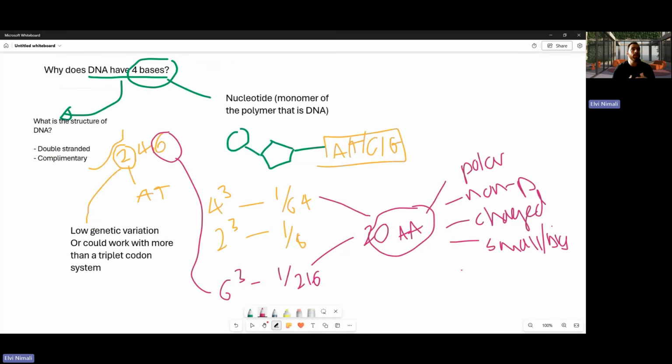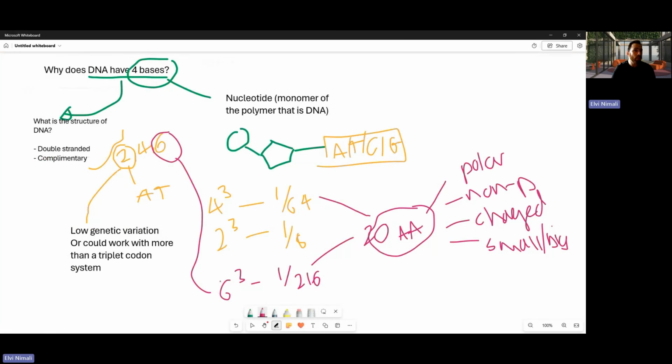So the kinds of things you need to be thinking about for this question is the structure of DNA, how the genetic code actually works, so the triplet codon system, and how triplet codons code for amino acids. And it's ultimately amino acids that give proteins their function. You want to have a range of amino acid diversity in order to get the widest range of protein functions possible.